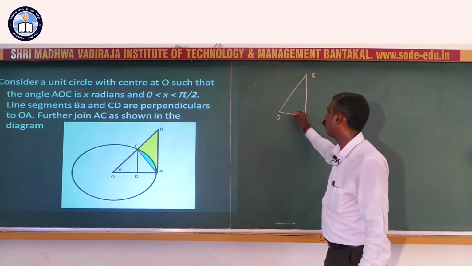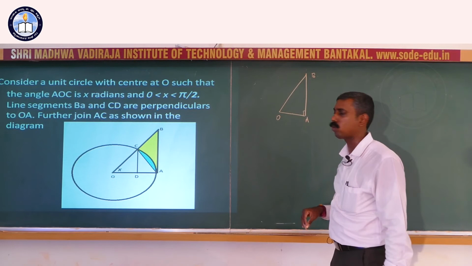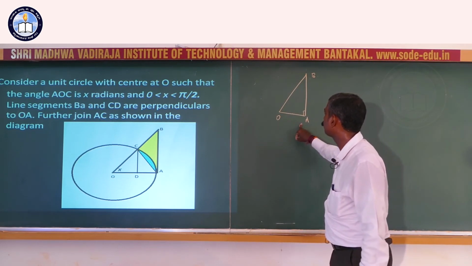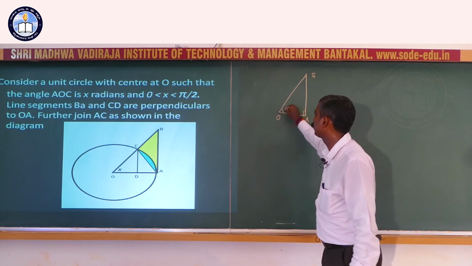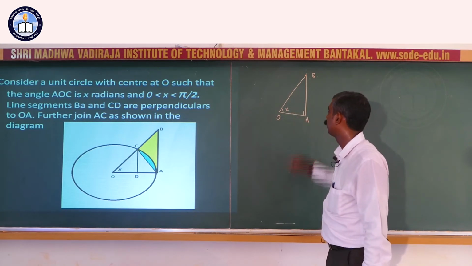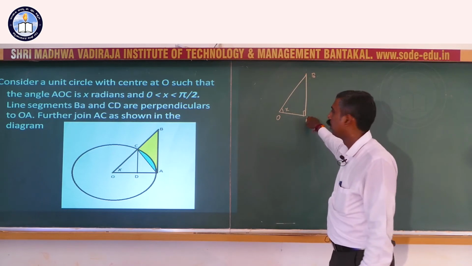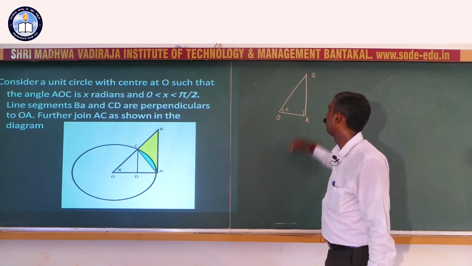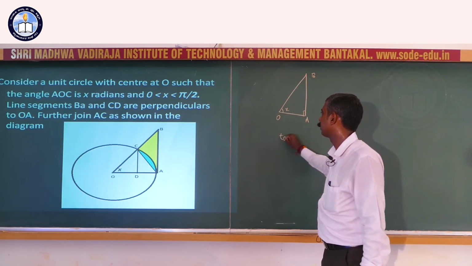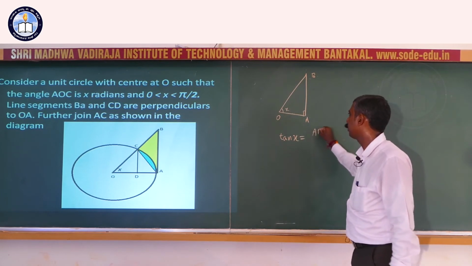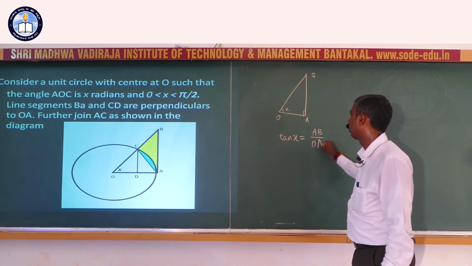Then OA is known to us, OA is the radius, OA is equal to 1 unit. We consider this as your x angle. The only unknown quantity is AB, the height. So how can we relate AB to x as well as OA? It is tan x. Tan x is equal to AB divided by OA.